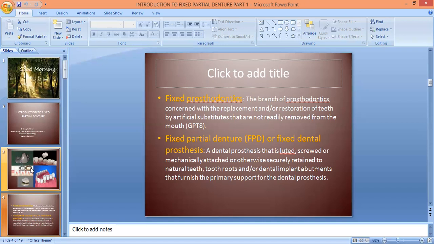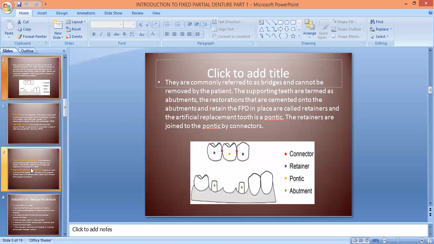So this is a bridge or it can be an implant also. They are commonly referred to as bridges, which cannot be removed by the patient himself.